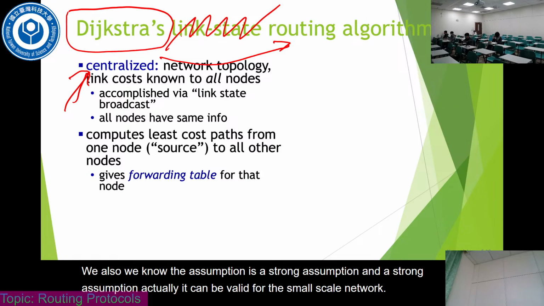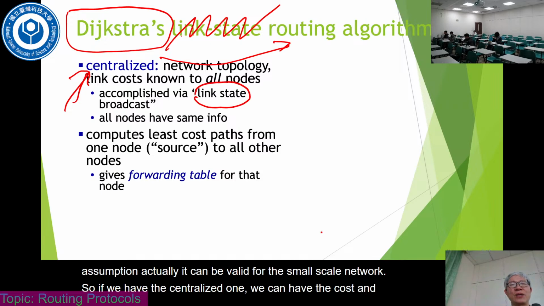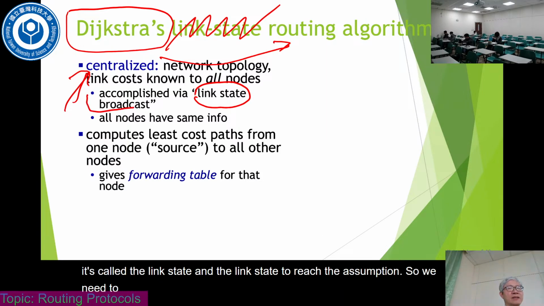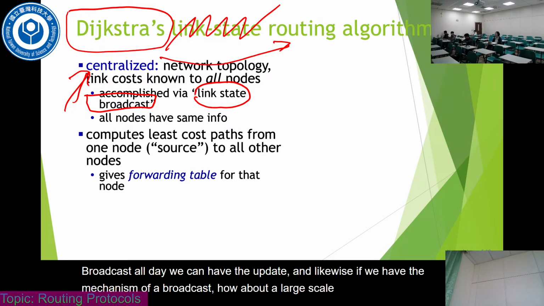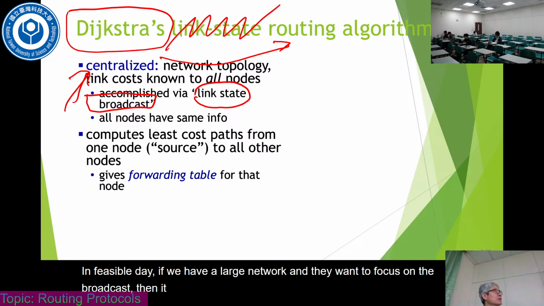If we have the centralized one, we can have the cost, and this is called the link state. To reach the assumption, we need to broadcast so that we can have the update. Likewise, if we have the broadcast mechanism, how about a large scale network? Infeasible again. If we have a large network and focus on broadcast, then it occupies the bandwidth for normal activities.